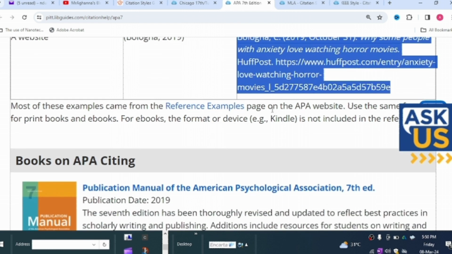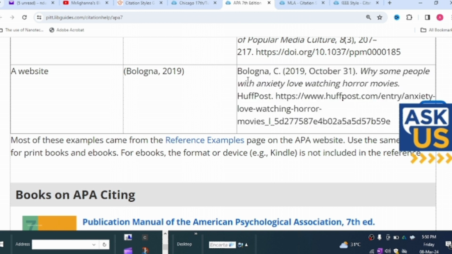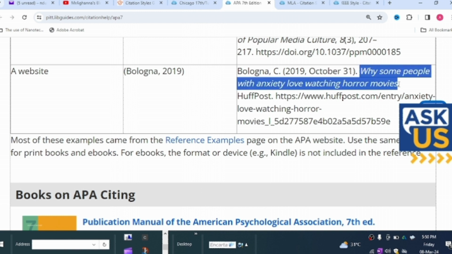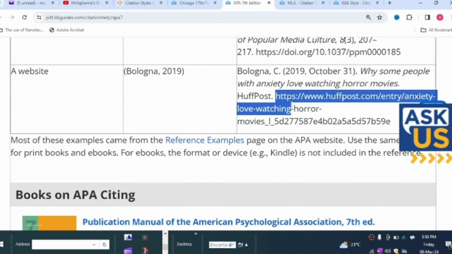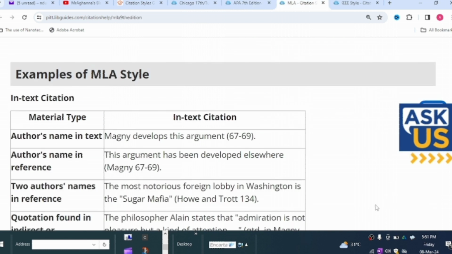Some referencing styles may have a different approach to this. So this one is relevant to the APA method of referencing, where you have the author's surname, the initial, and this is the year, right? This is the heading of the information. Then you include the site, that is the address of the information.